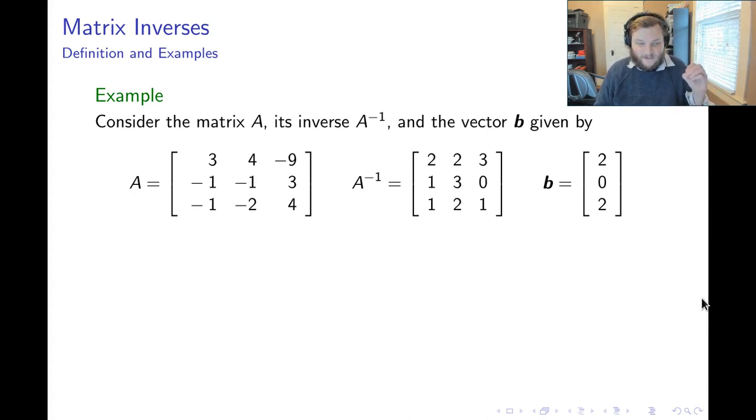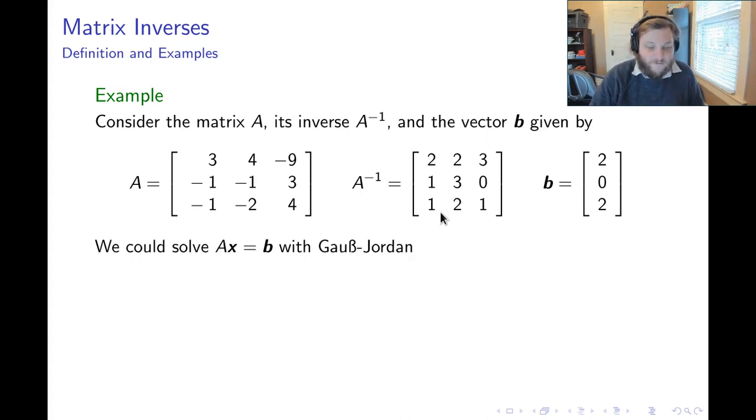So here we have an example where we start off with a matrix A, and someone hands us the inverse of A, and we also have a vector B here. Now, when someone says that this matrix is equal to A inverse, what they are telling you is that if you were to take the original A and multiply on either side by A inverse, you will produce the identity matrix.